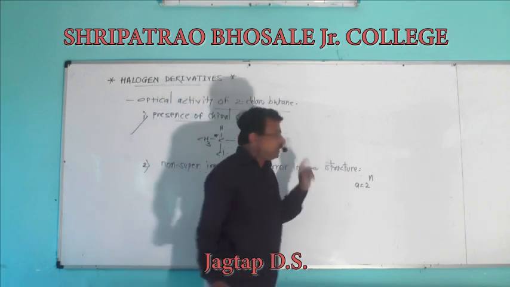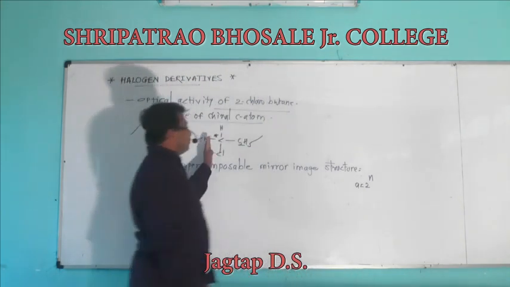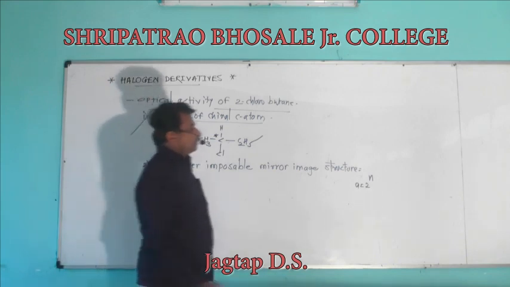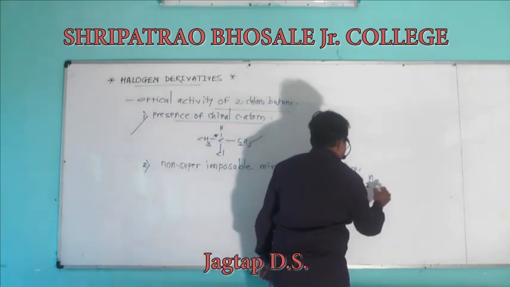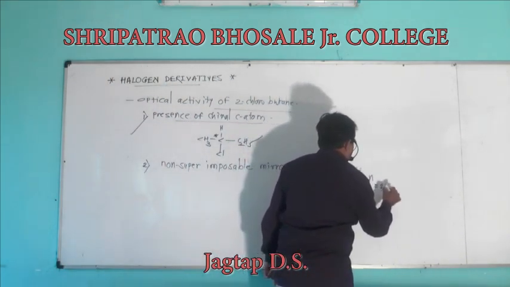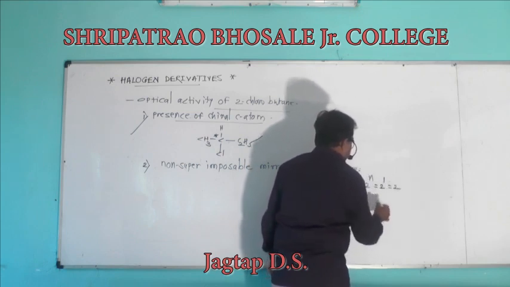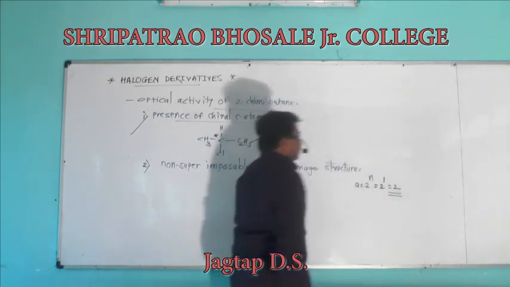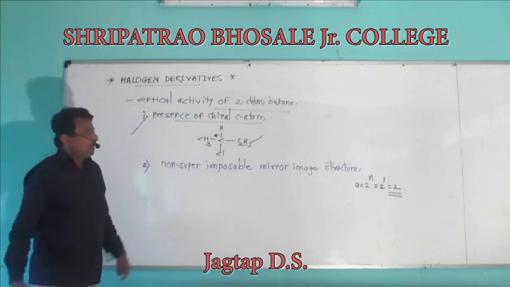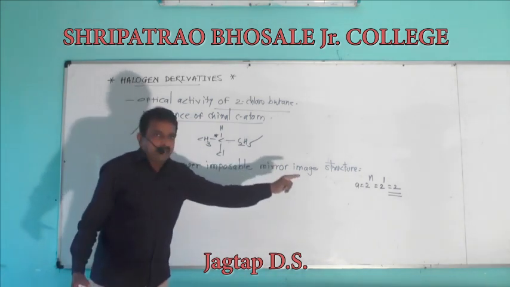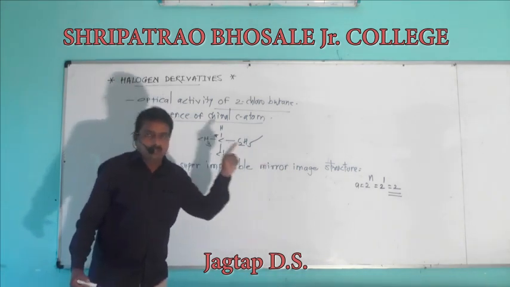As 2-chlorobutane contains only one chiral carbon, A is equal to 2 raised to 1, which is 2. So 2-chlorobutane contains 2 optical isomers.